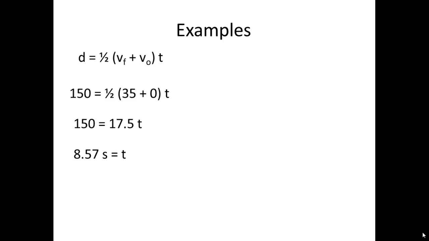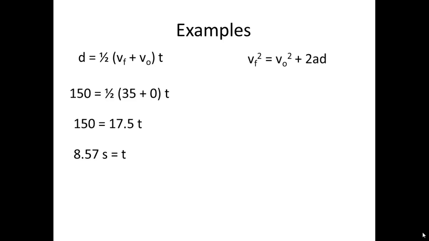To solve for acceleration, I could go ahead and use the time if I wanted to, but that time is a rounded number off the calculator. So my answer will be more exact if I go back to the information that was given to me in the question. Now, it's not wrong to go ahead and use that 8.57, and sometimes you'll have to. But if you can go back, it's not a bad idea to start over with the exact numbers you were already given.